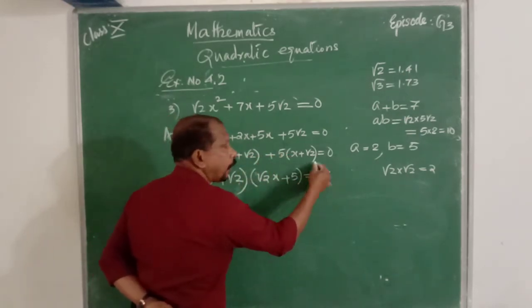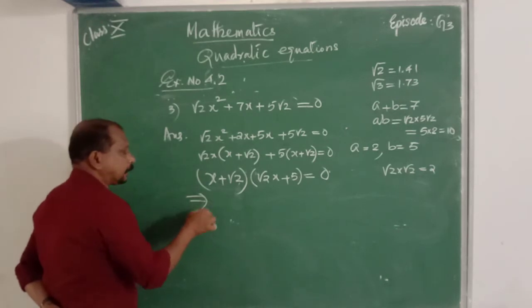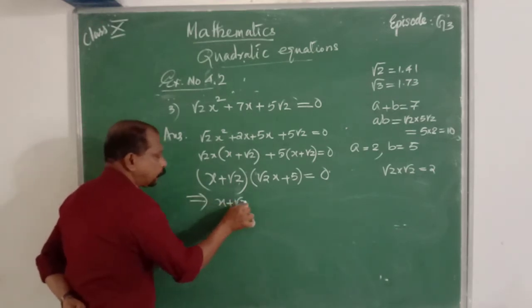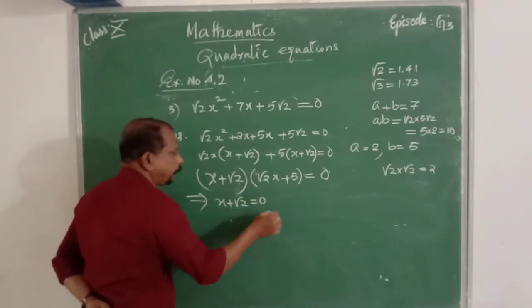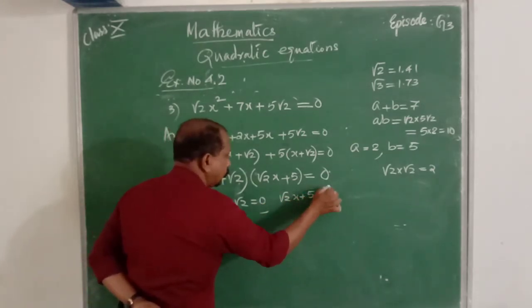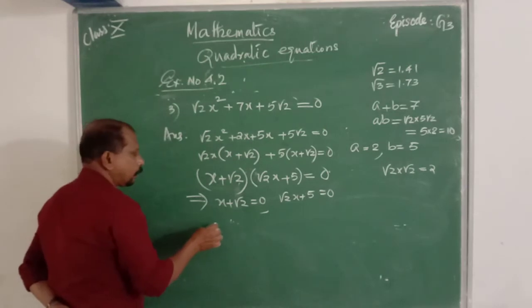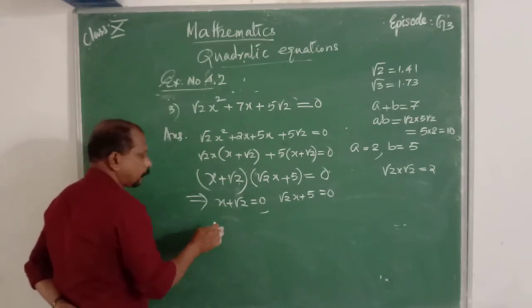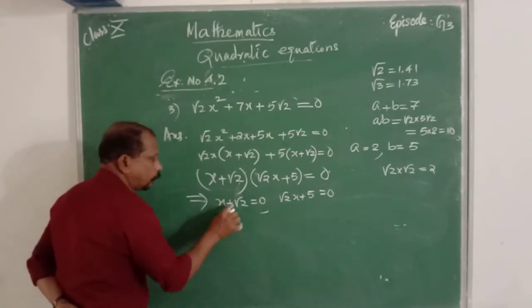These are the factors, which implies that x plus root 2 is equal to 0 and root 2x plus 5 is equal to 0. Therefore, x is equal to root 2, shifting to the right.